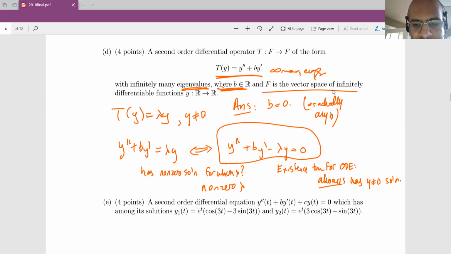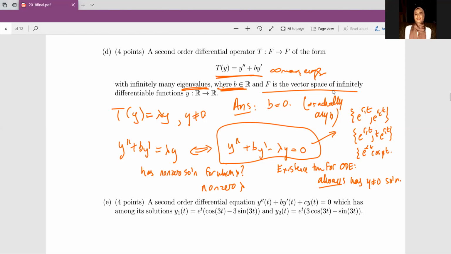Now, we've thought about what the solutions of this look like. There are three kinds of possibilities. There are exponentials, then there are exponential times x, and then the third possibility is cosines, right? So you're asking if y was one of these, then b and lambda would have to be 0?